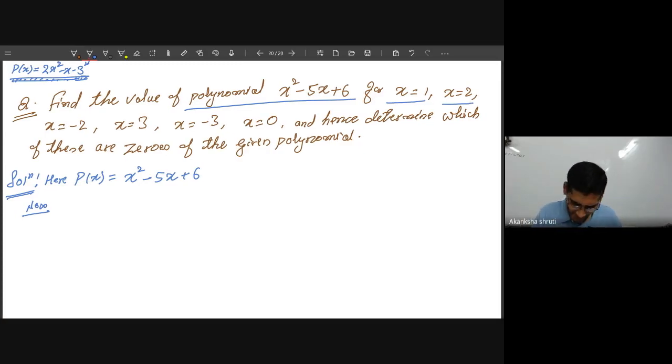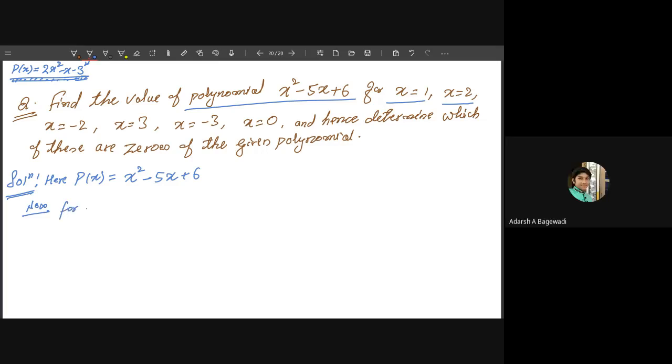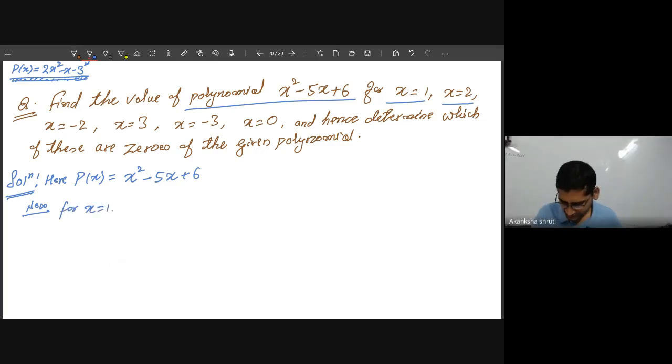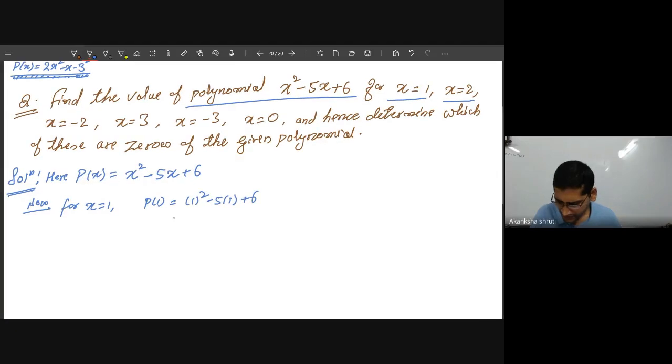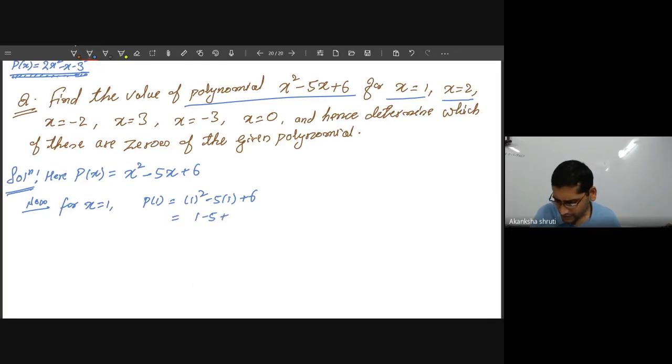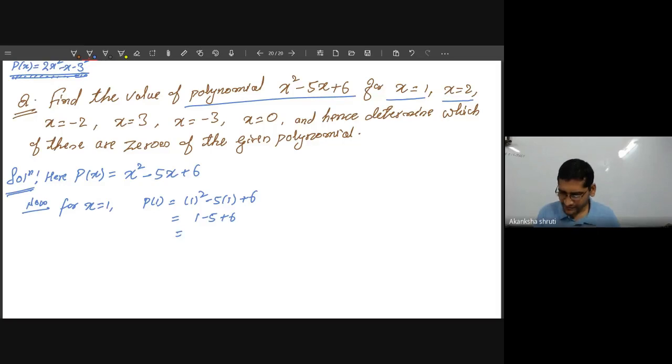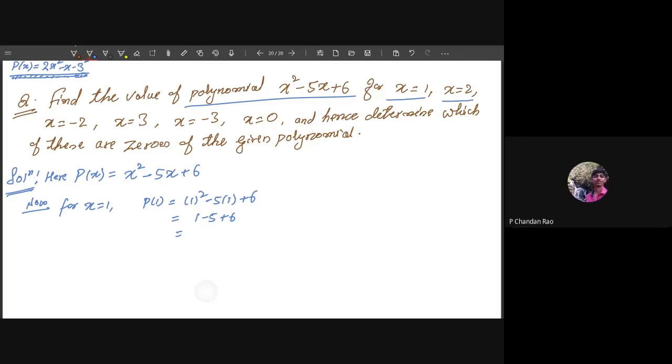Now, for x equals 1, what is the value of polynomial P of x? That is denoted by P of 1, so you can directly write P1. It is 1 square minus 5 into 1 plus 6. It is 1 minus 5 plus 6. How much does it become? It becomes 7 minus 5, which is 2.